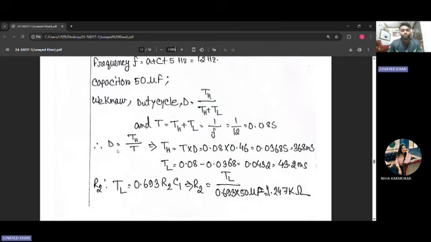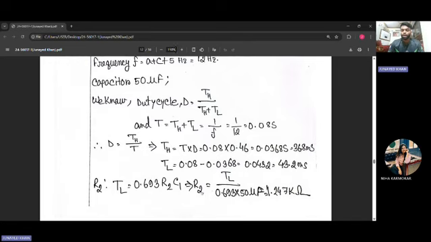Then D equal to T_H by T, so T_H equal to T into D, which is 0.08 into 0.46, equal to 0.0368 seconds, or 36.8 milliseconds. Then T_L equal to 0.08 minus 0.0368, equal to 0.0432, which means 43.2 milliseconds. For R2, the calculation is T_L equal to 0.693 R2 into C1.